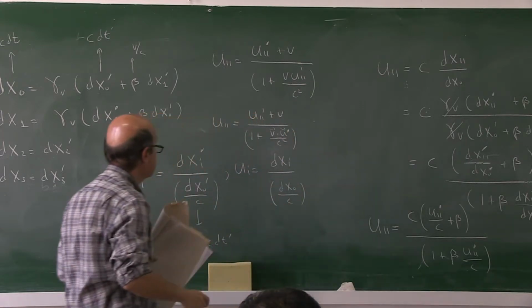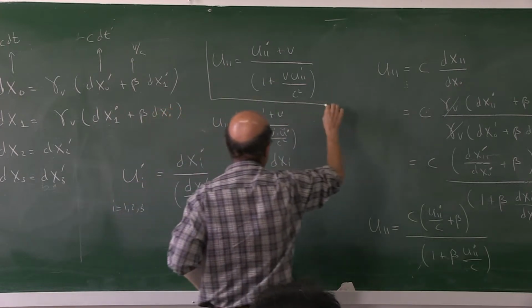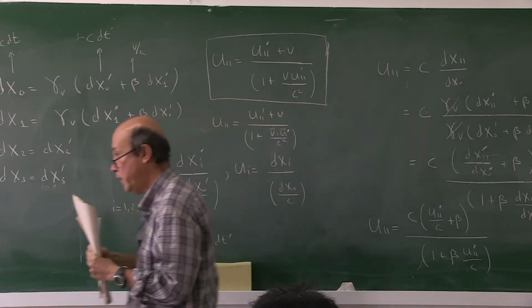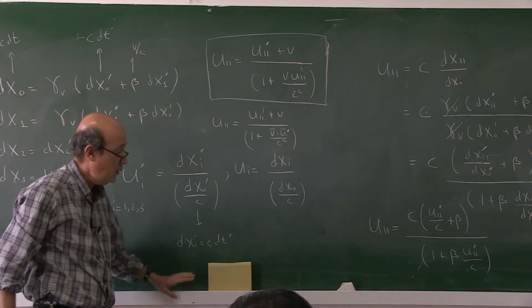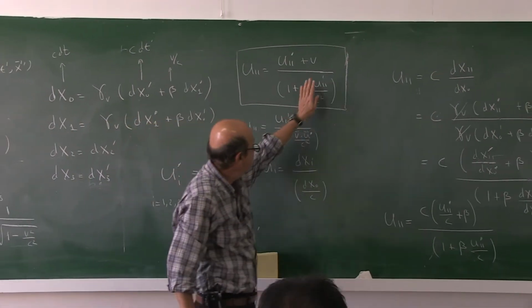So this is the velocity addition for parallel components to the motion of the two frames. What is interesting here is that in Galilean transformation, you don't have this term.